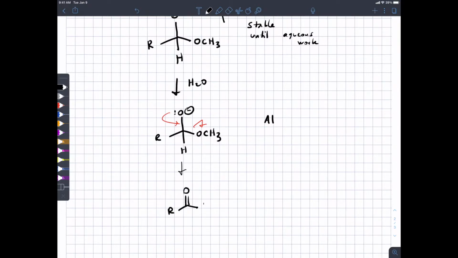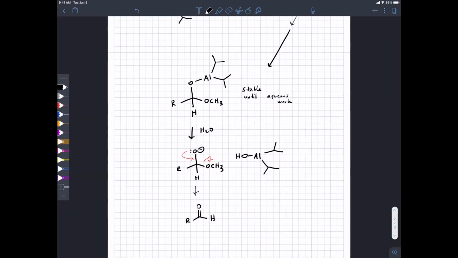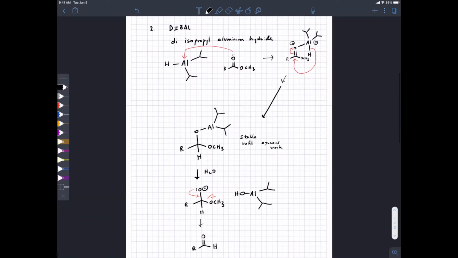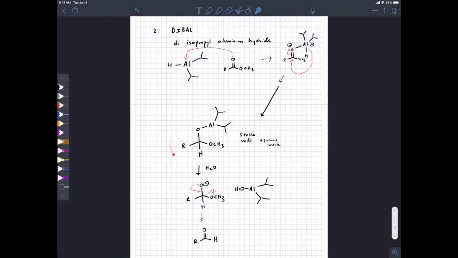So the reason that diisopropyl works, I'm going to show you what happens to the aluminum too. So you'd get sort of the aluminum hydroxide instead. The reason that diisopropyl works is it pauses the tetrahedral intermediate.